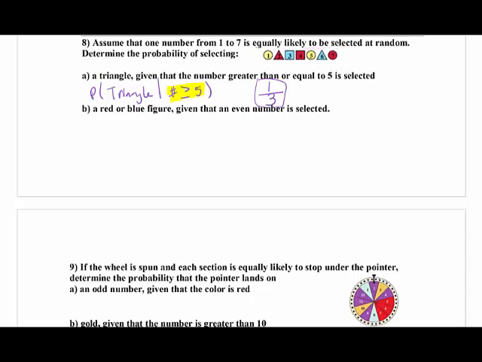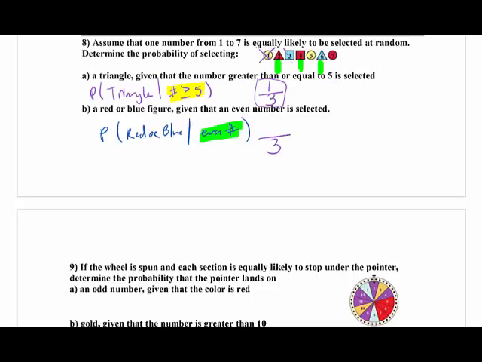Going to B, probability that we get a red or blue given that an even number is selected. For this one, we want an even number. So an even number would be here, here, or here. So my denominator is a 3 because that's the only ones I'm looking at.